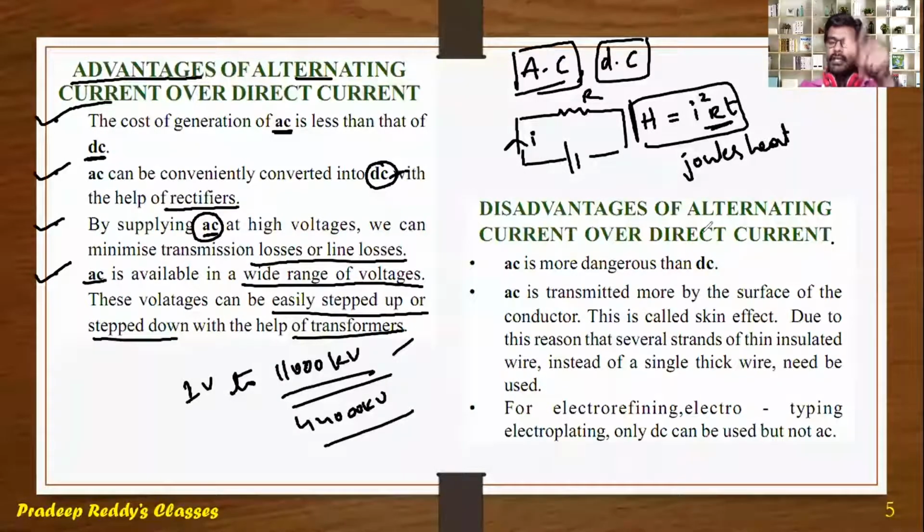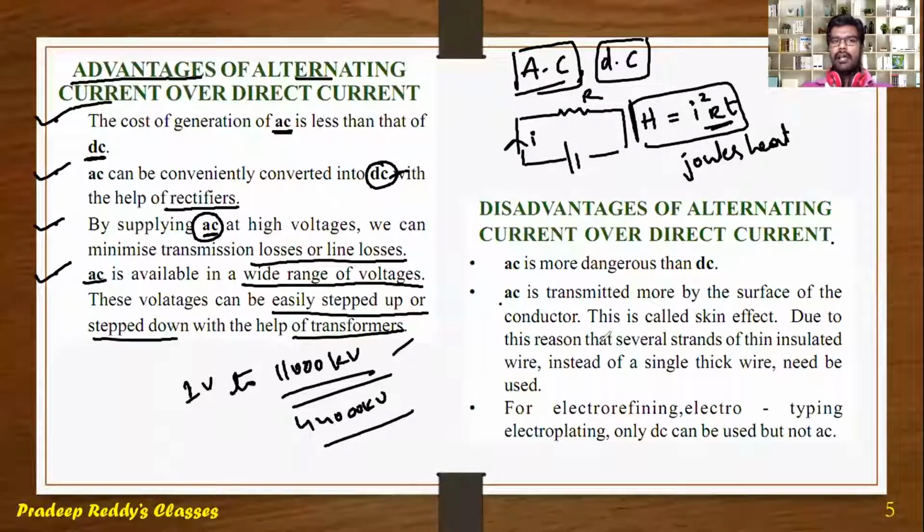That depends upon the area of the coil rotated and the strength of the magnetic field in which it rotates. Based on that, you can vary the voltage value, from very small to very large. These wide-ranging alternating voltages can be decreased or increased using a step-down or step-up transformer.